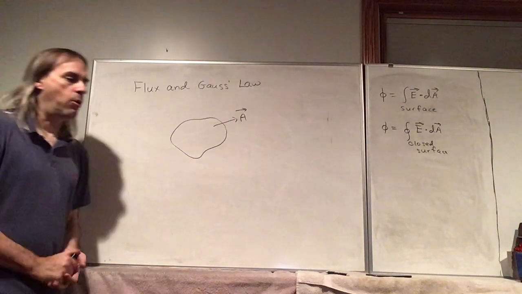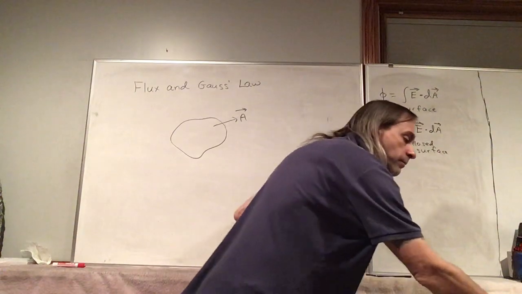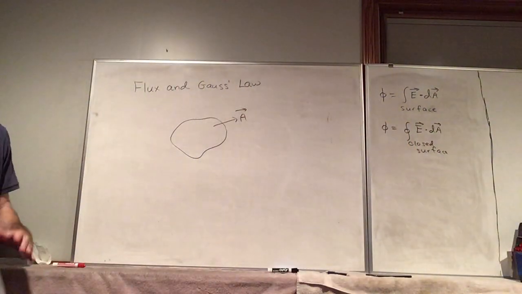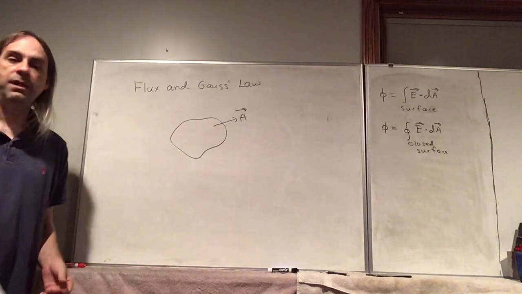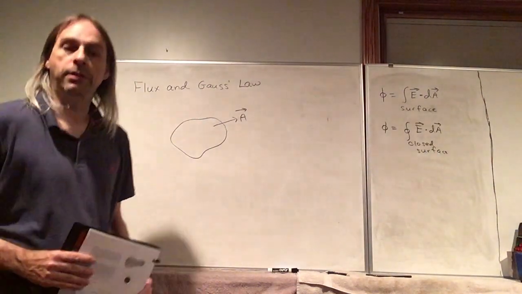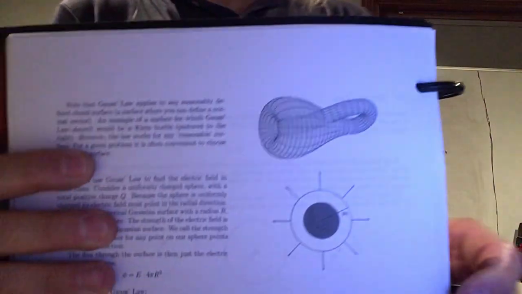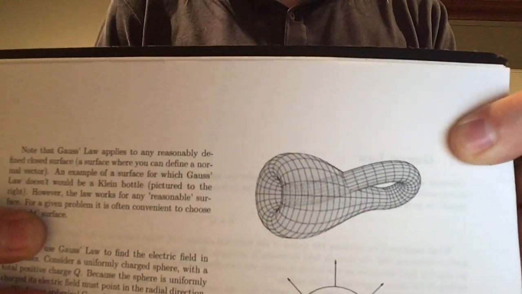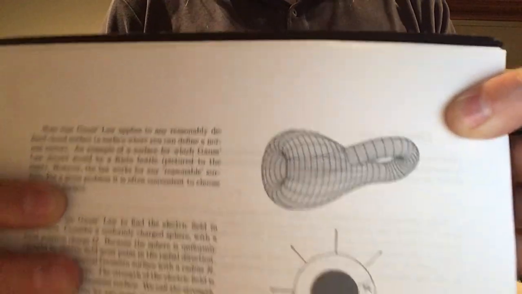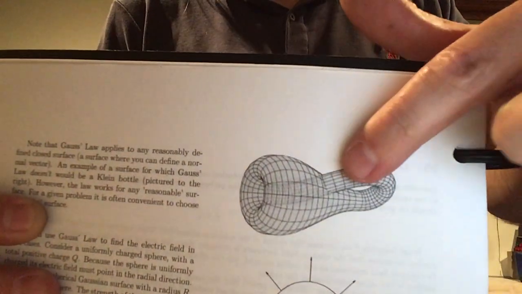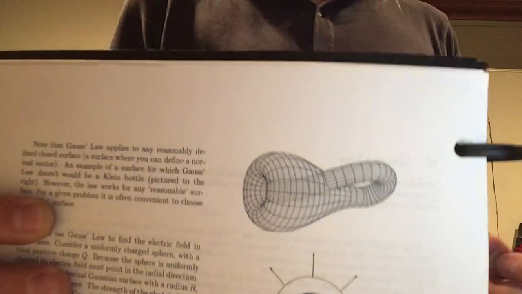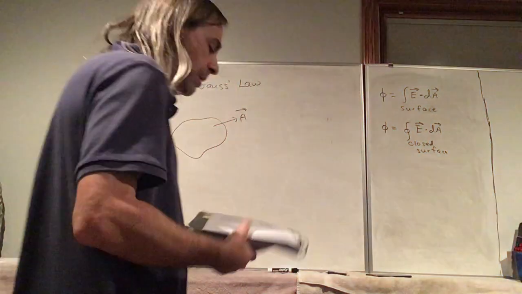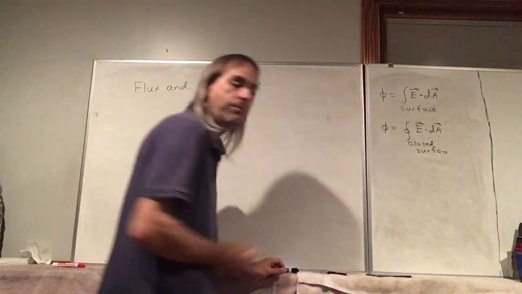Now I should make one point here. I said if you have a closed surface, there's an inside and an outside. If you talk to mathematicians, they might disagree. This picture on top is an example of something called a Klein bottle. It might look strange because the surface crosses through itself, and you might think that's not valid, but this is actually a perfectly valid mathematical surface.